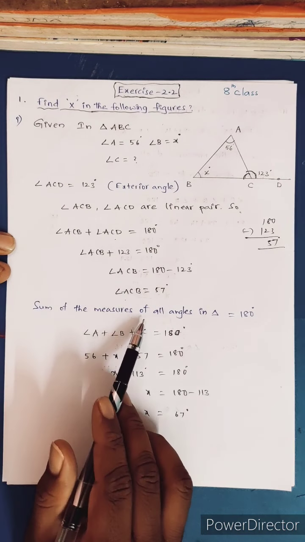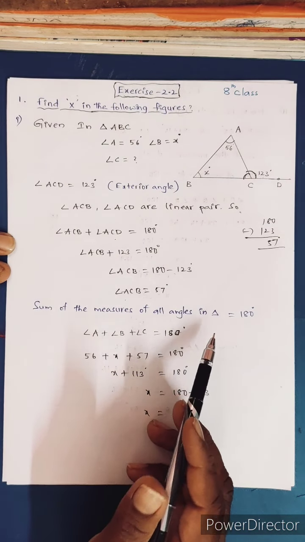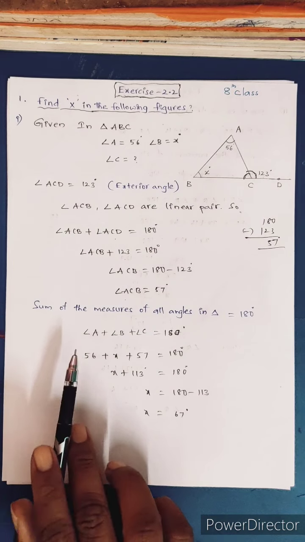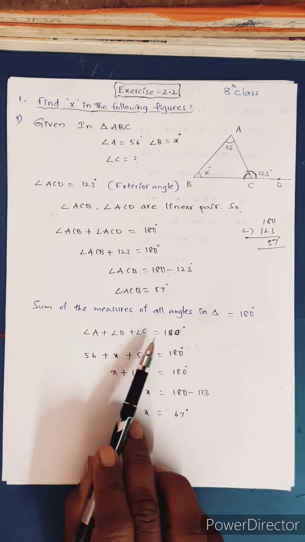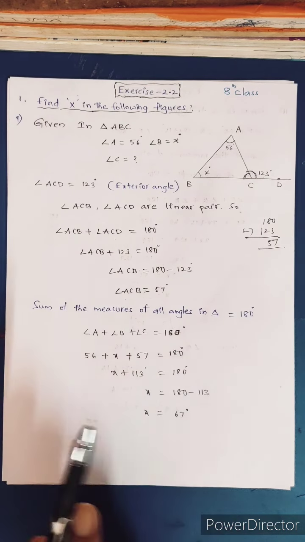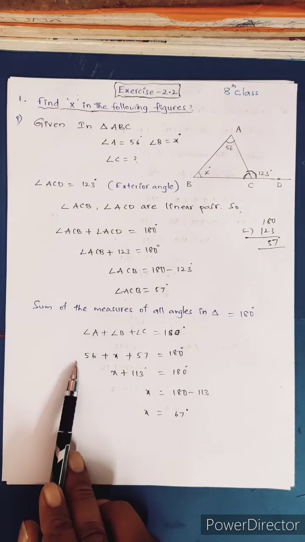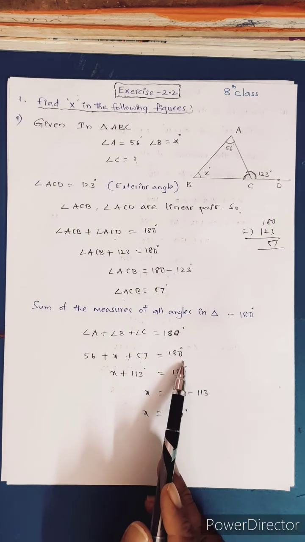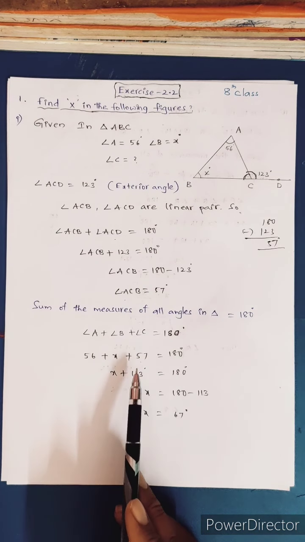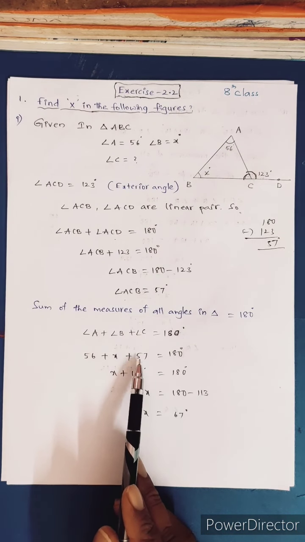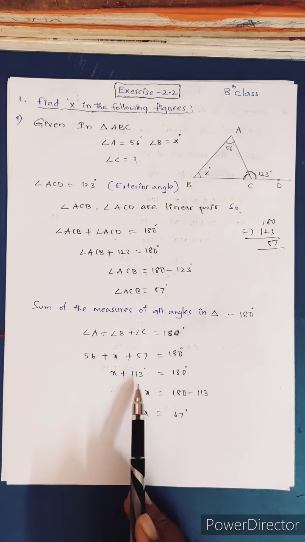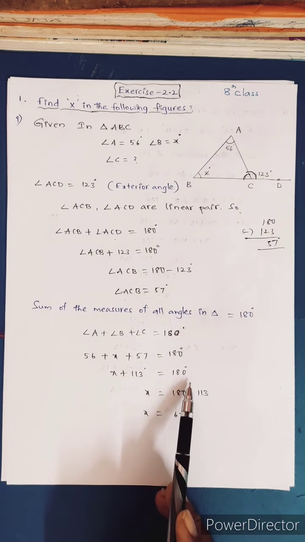Sum of the measures of all angles in a triangle: in any triangle, the sum of interior angles is always 180 degrees. So angle A plus angle B plus angle C equals 180 degrees. Angle A is 56, angle B is x, angle C is 57, equal to 180. 56 plus 57 is 113. So x plus 113 is equal to 180 degrees.